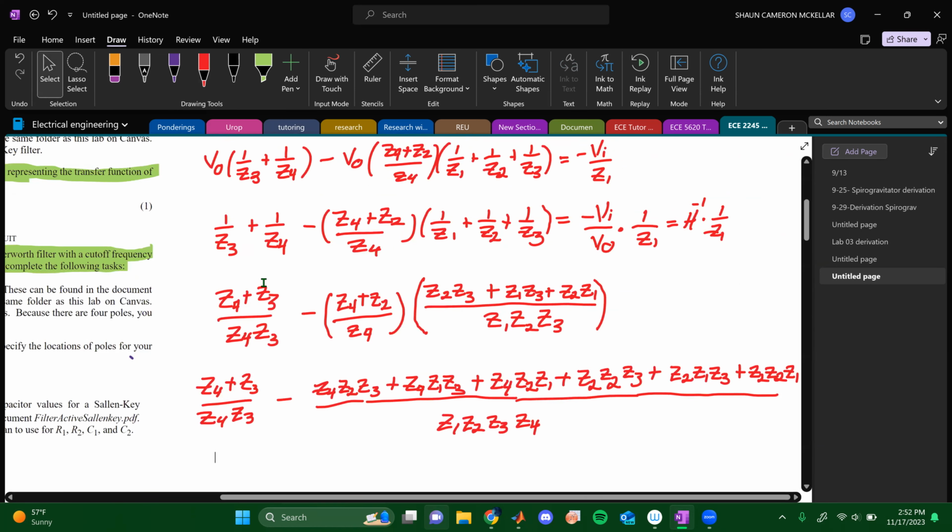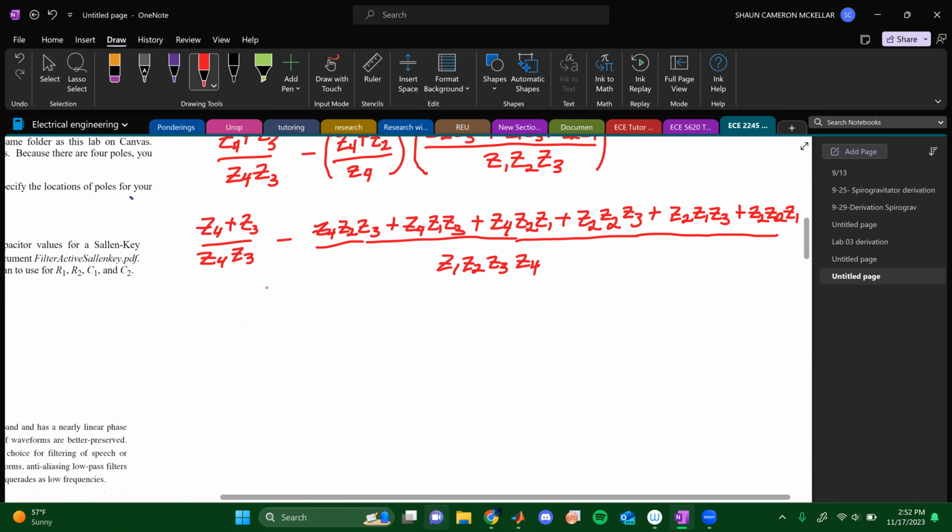And let me make sure I did that all right. Yeah. So it needs a z1 and a z2. So I'll have that in the numerator. I'll have a z1 and a z2 and a z4 plus z1, z2, and a z3. And then I'm also going to have all my previous terms. So I'll write those all out.